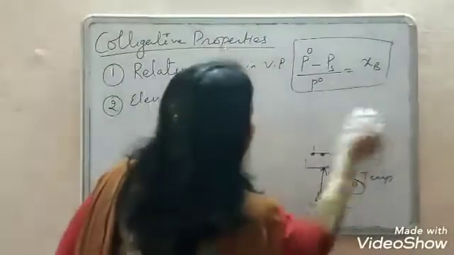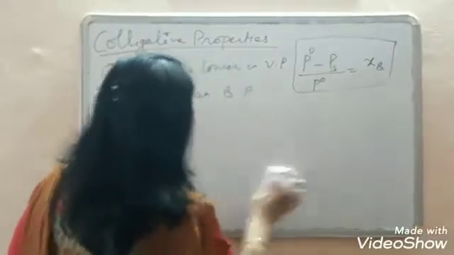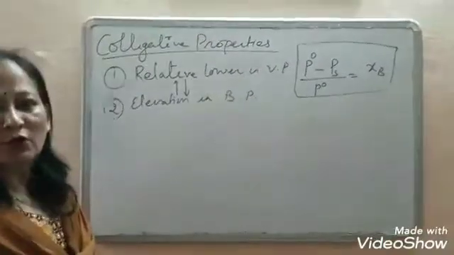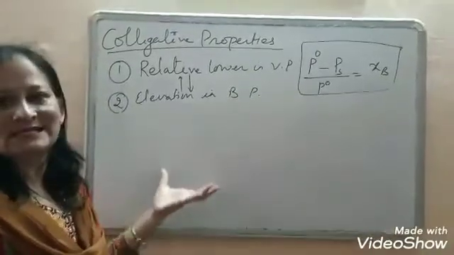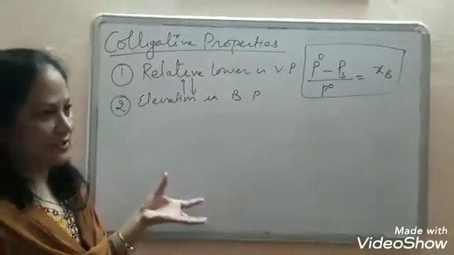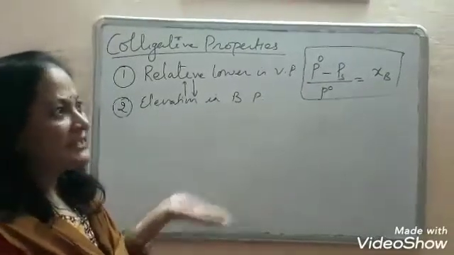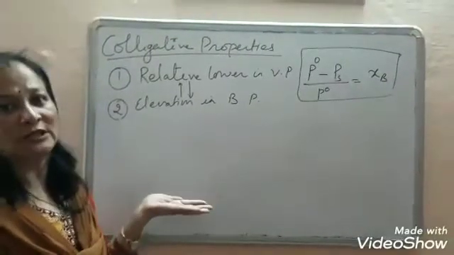So what is the daily life application of this observation? Now see, if you have to boil or cook pulses like rajma, chola, which take more time, what you can do is increase the boiling point of water. How?